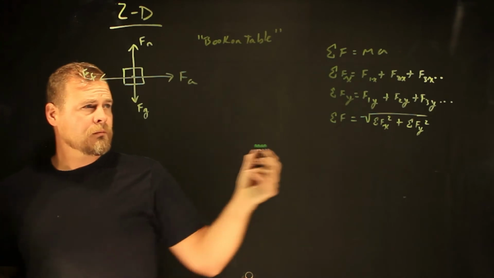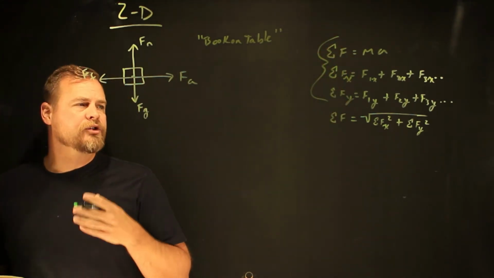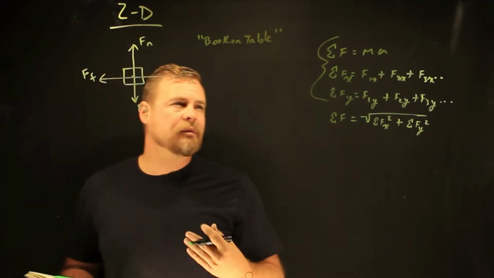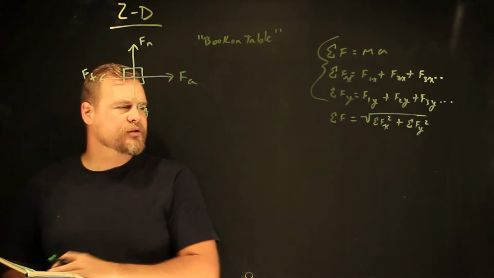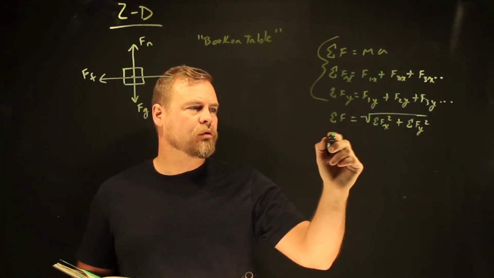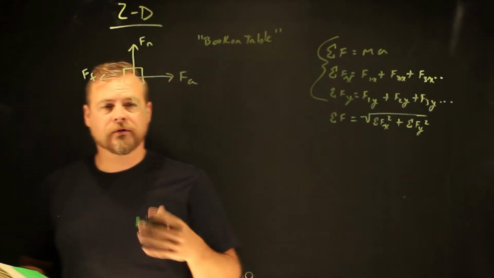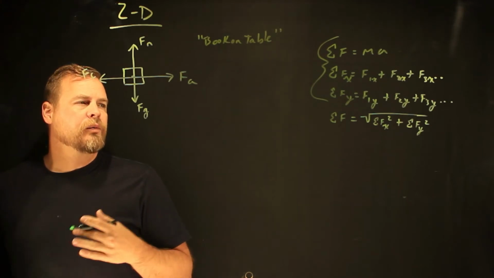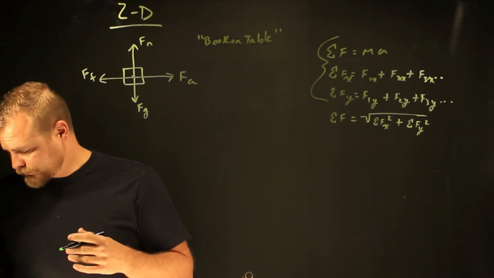We're going to focus on this piece right here and just kind of talk about what's happening in the y dimension and what's happening in the x dimension independently of each other. There's only a few situations that I can recall that will actually go back to the complete net force, the total balance in 2 dimensions. Usually we can leave those in what's going to happen in the y, what's going to happen in the x.